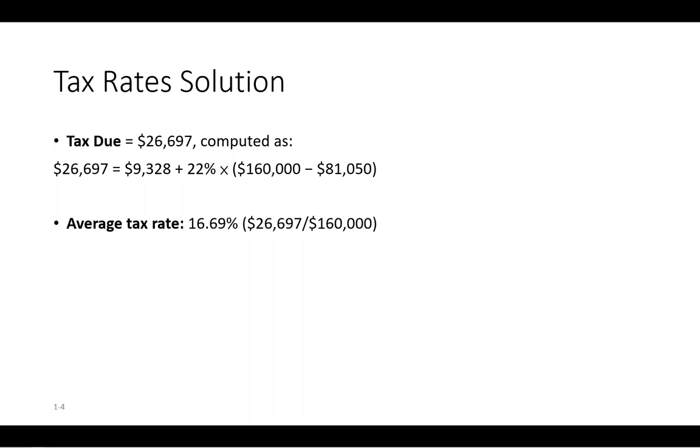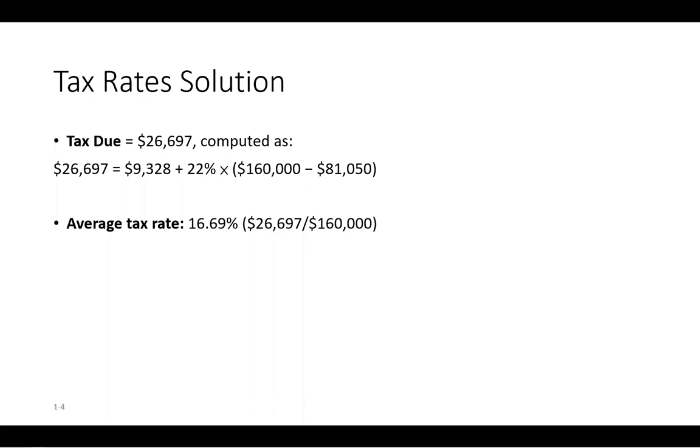Okay. How much overall? What is the percentage overall that they pay on their income? They pay 10% on so much, 12% on so much, and 22% on so much. So how do we find that? This is on page 1-7. Take the total income tax of $26,697 and divide it by the taxable income.